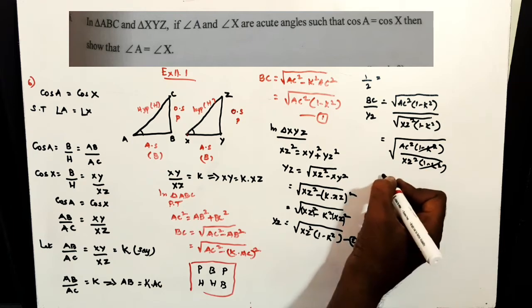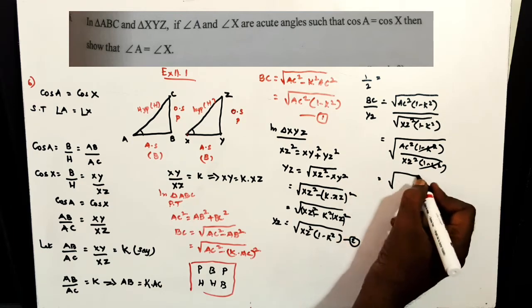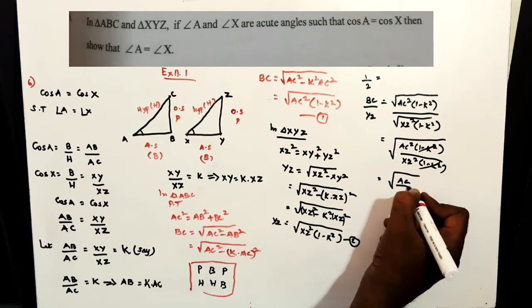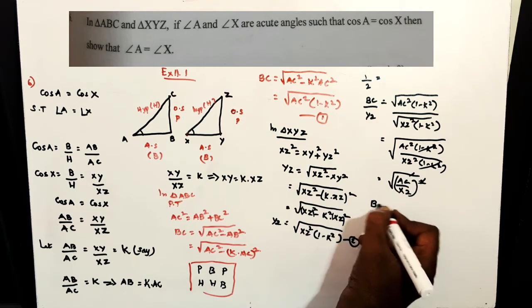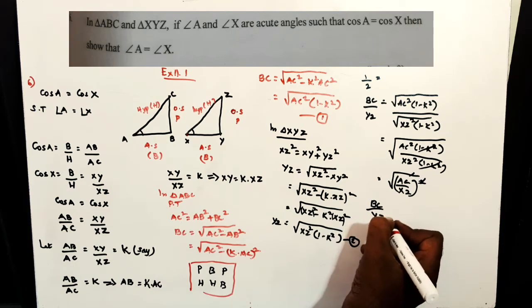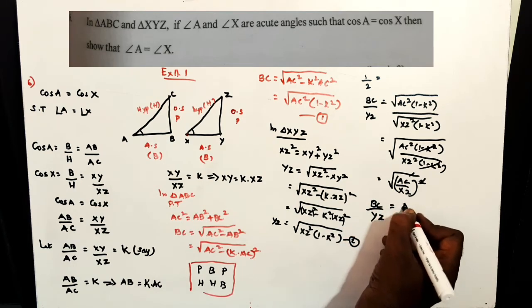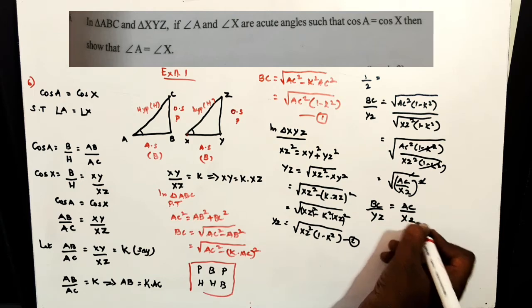Both have a common factor, which cancels. So under root AC by XZ whole square, the square root cancels. That means BC by YZ is equal to AC by XZ.